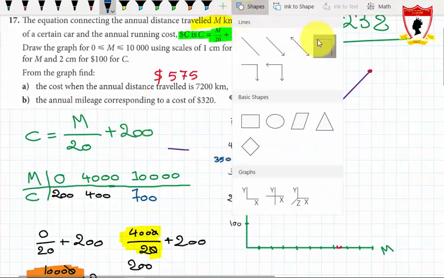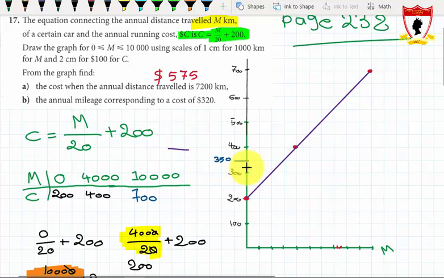Then let's see where this cost, which is $320, crosses the line. It crosses the line right here. So it is opposite this point on M. This point on M is 2,500.